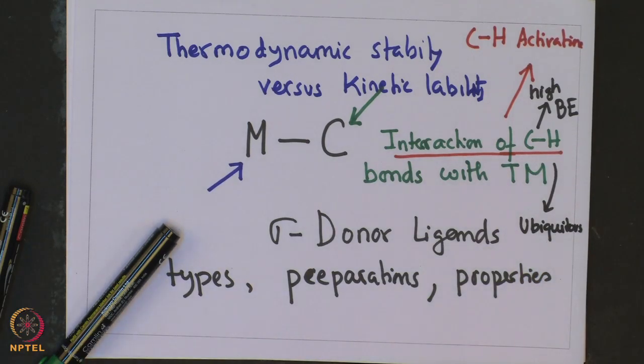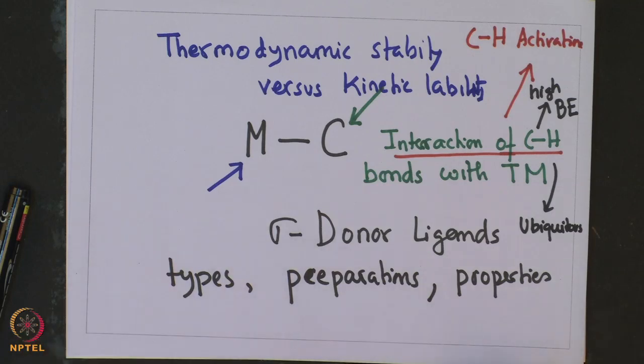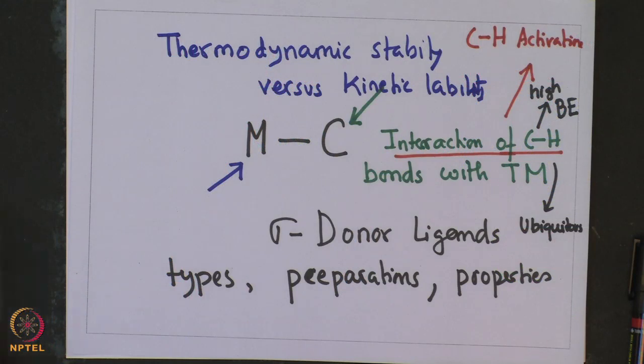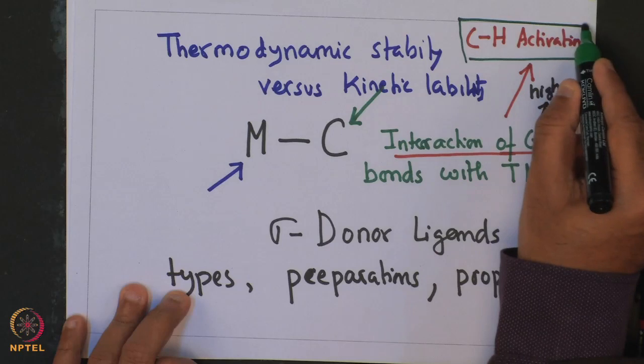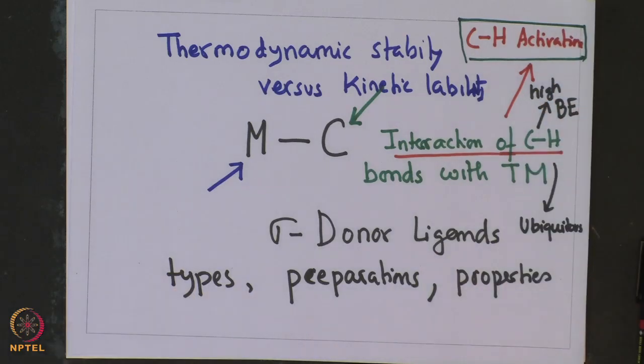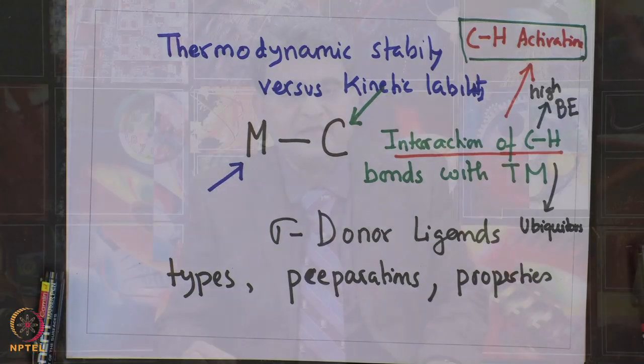So, they are very common and very stable bonds, and hence the selectivity in activating them becomes very challenging. As a result, CH activation is an important area which can result in selective functionalization of the CH bond and can make value added chemicals.